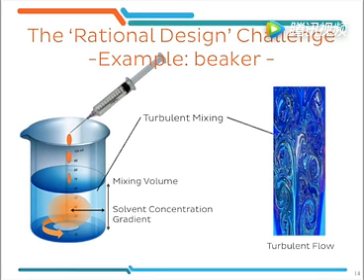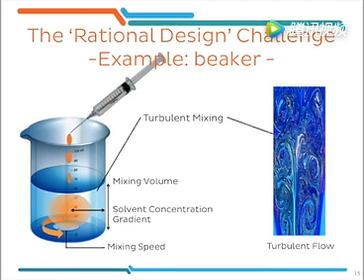Now, let's look in more detail at what happens when these two solvents mix in a beaker. First of all, we are in a turbulent mixing environment. Then we have a high solvent concentration gradient from the point of injection, or the point of dripping, of the organic solution into the aqueous phase and to the outside of the beaker, to the wall of the beaker.